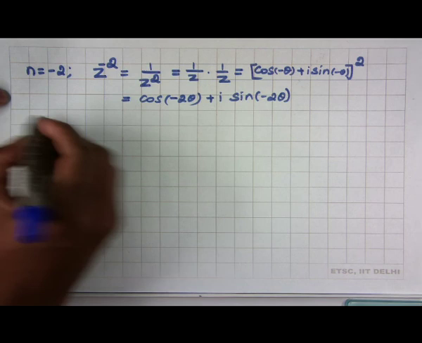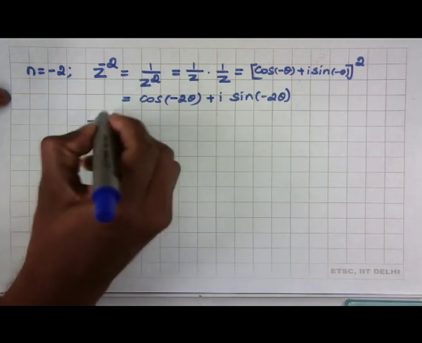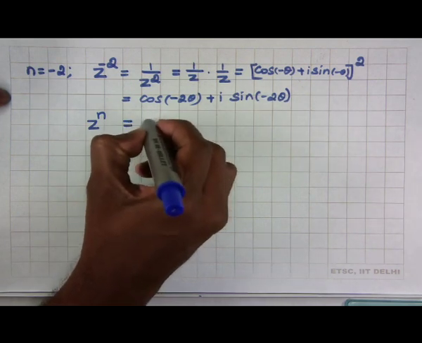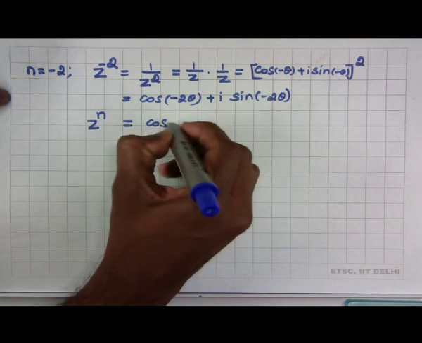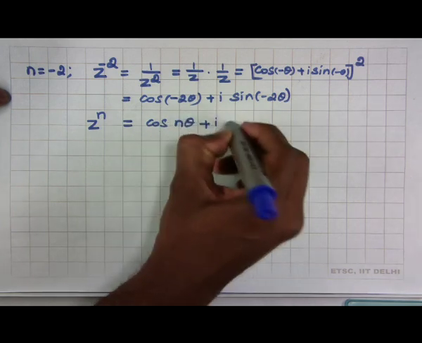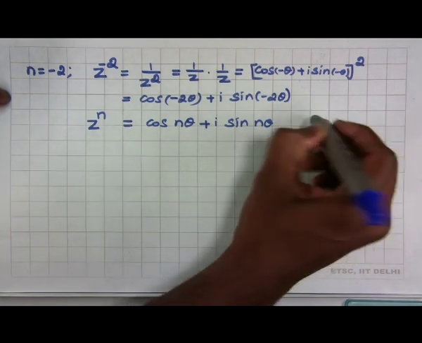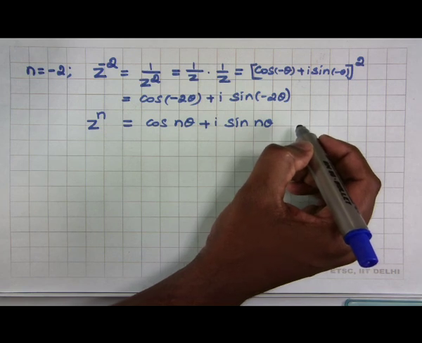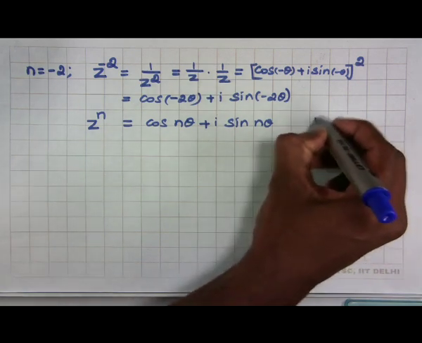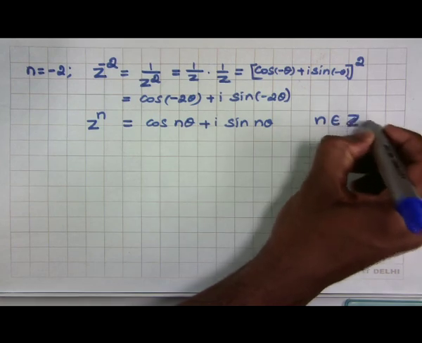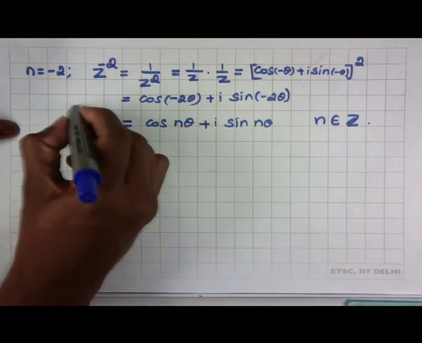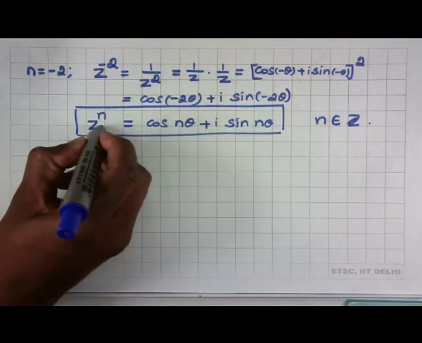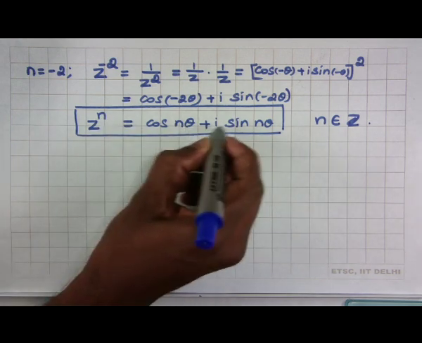So, by induction we can show that when n is a negative integer, it is cos of n theta plus I sin n theta. Combining the positive integers we already verified with the negative integers, for n belonging to the integers, cos theta plus I sin theta power n gives cos of n theta plus I sin n theta.